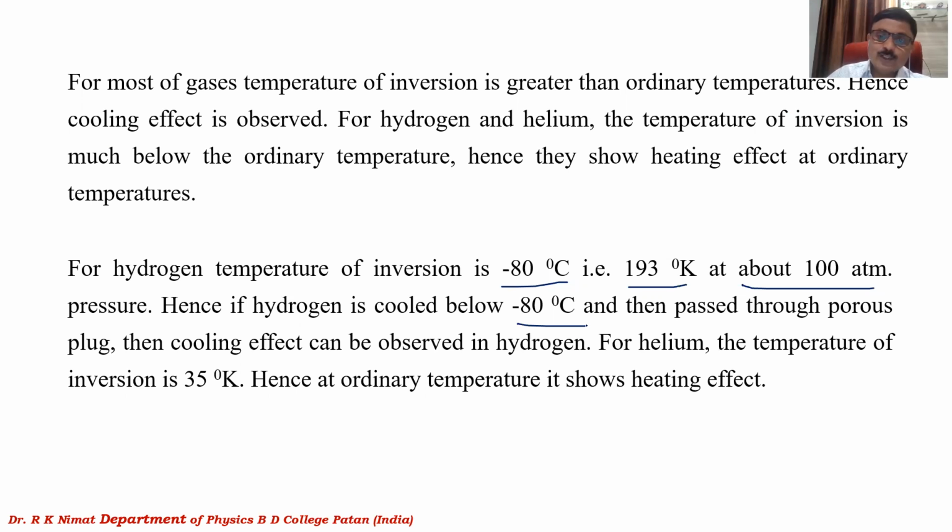For helium, the temperature of inversion is 35 degree Kelvin, and if it is forced through the porous plug below 35 degree Kelvin, it will show the cooling effect. Otherwise, at ordinary temperature, it shows the heating effect.